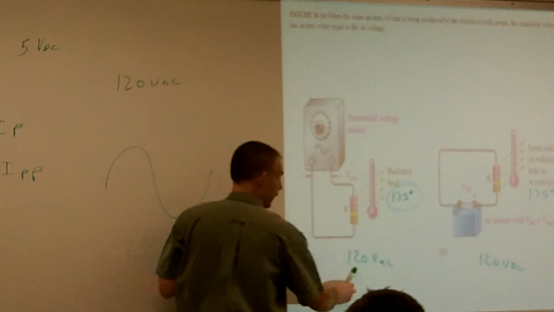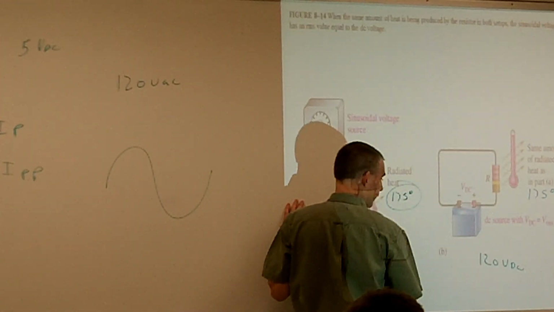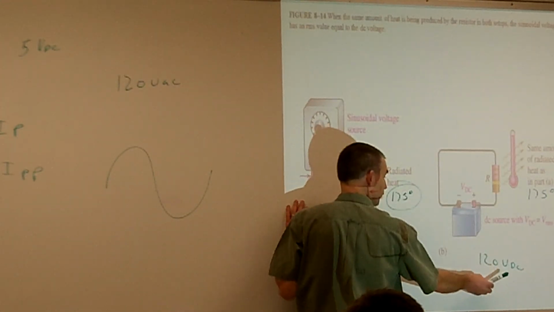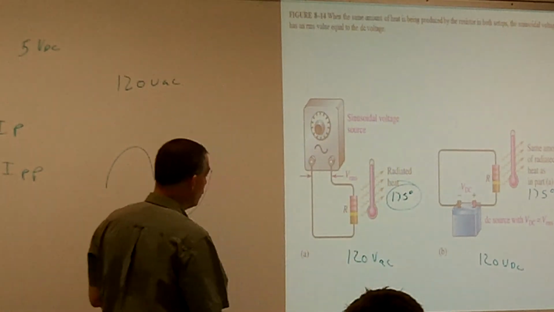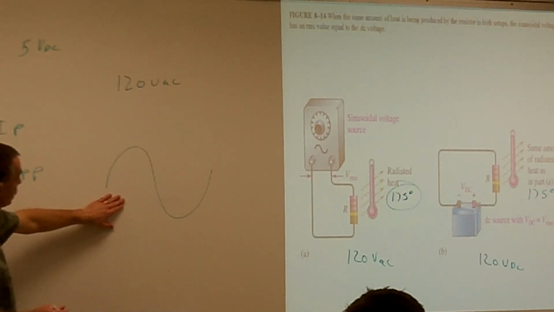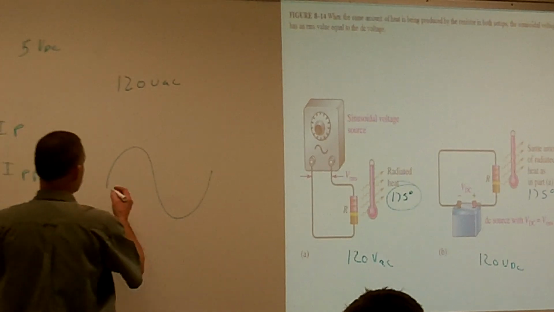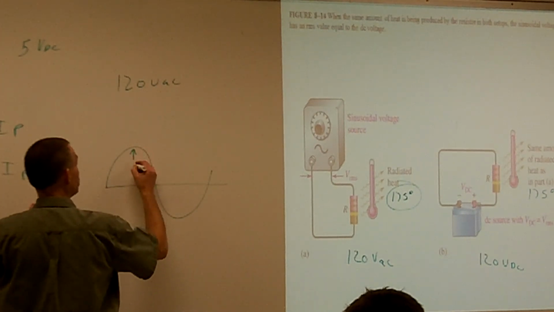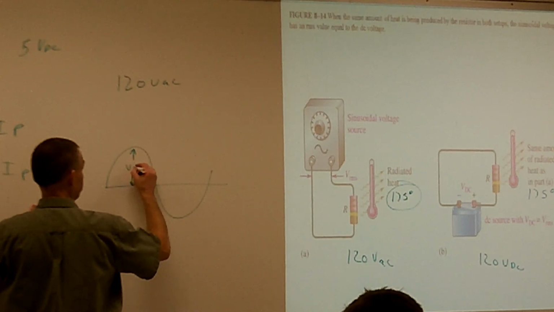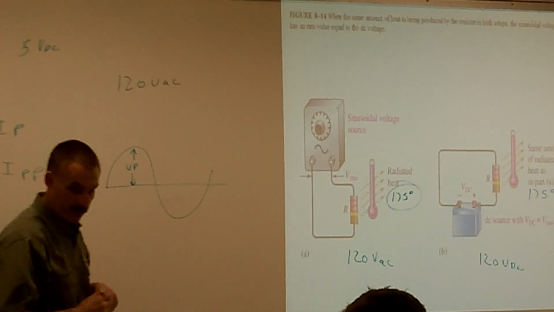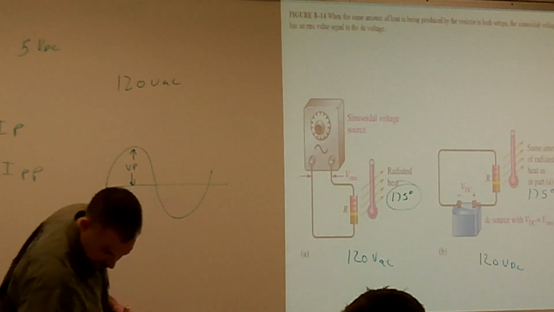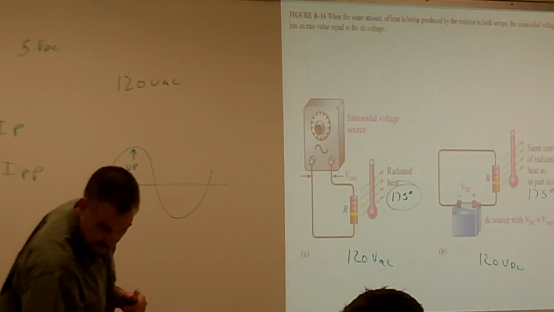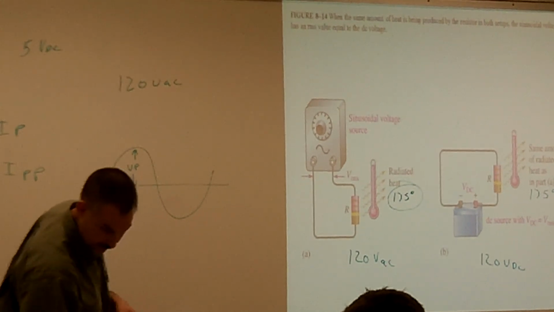So it seems strange that 120 volts AC heats up the resistor the same amount as 120 volts DC. But if I really analyze what an AC signal is, because I'm not using the units, I can calculate my peak voltage. On the bottom of page 337, they're giving you the RMS value.